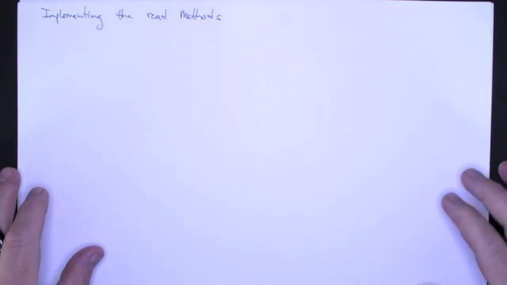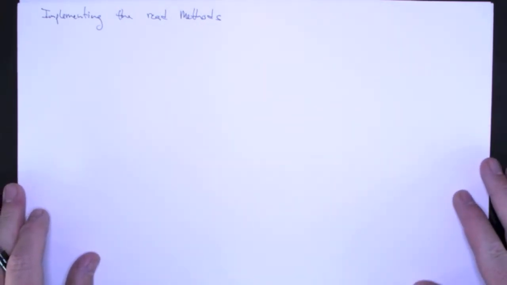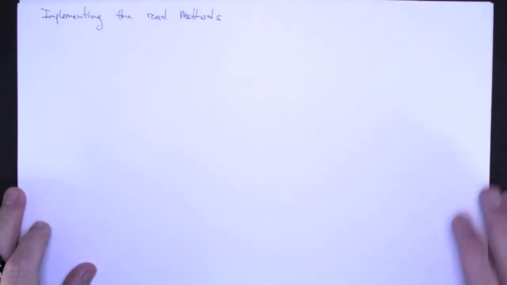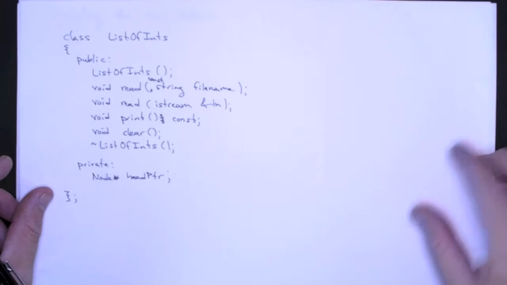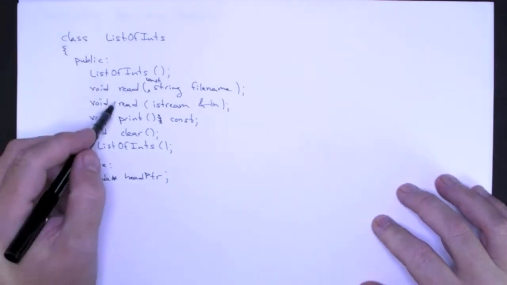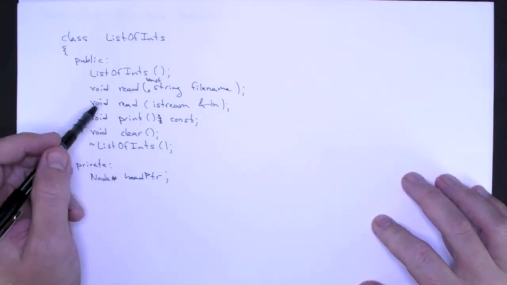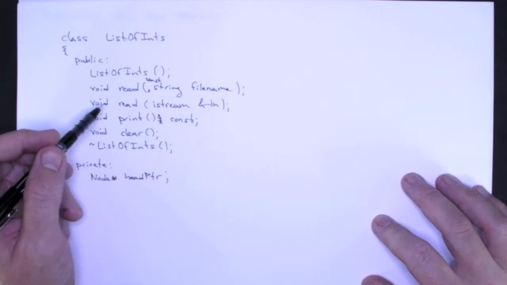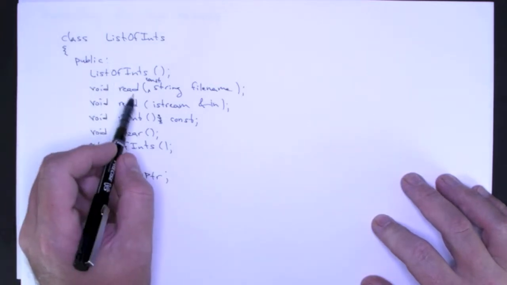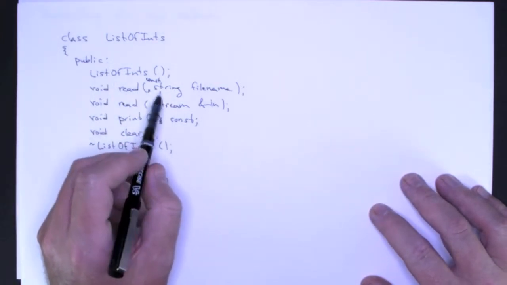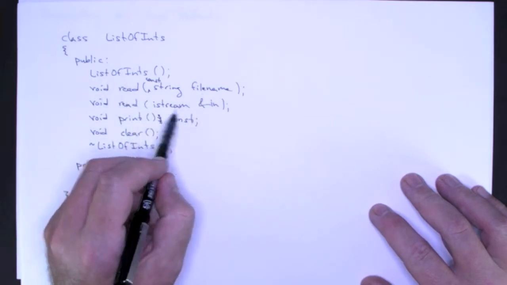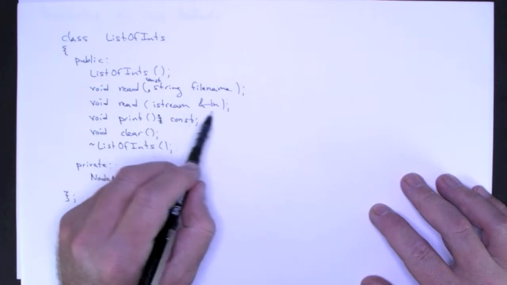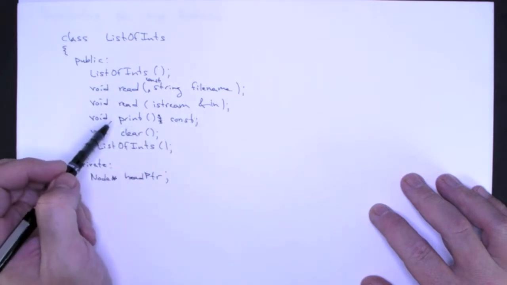Okay, now we're ready to look at the read methods for the list of integers. Let's go back, take a look at the design and see what this means. I'm overloading the read method because I want a programmer to be able to pass in a file name, or if they have an open input stream, they can pass that as well.